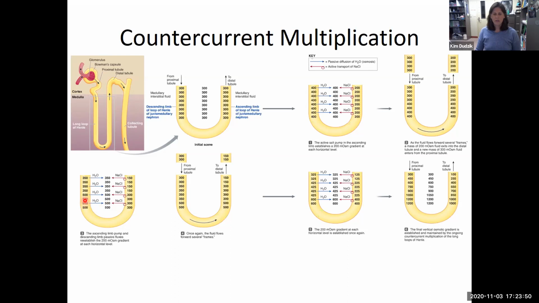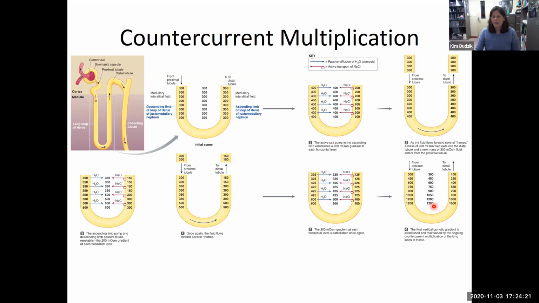And so now the fluid that got pushed down here, that was 400, is at a steeper gradient. It was equilibrated here, but now this became saltier, so water can still passively move out until it equilibrates. And we keep doing that. This has the ability to keep doing that at increments of 200 until the actual osmolarity of the medulla goes from about 300 to 1200.